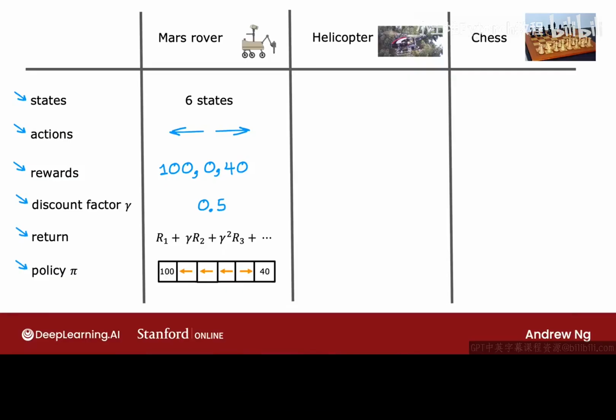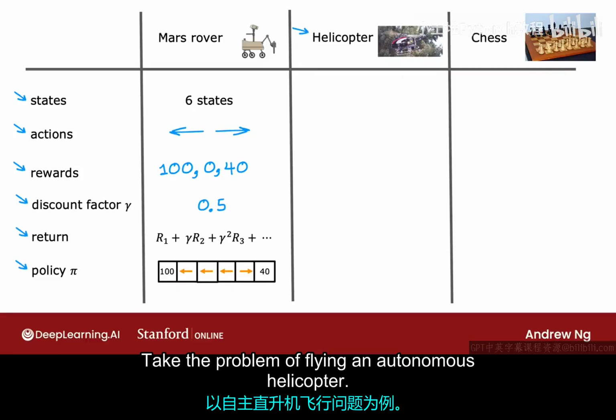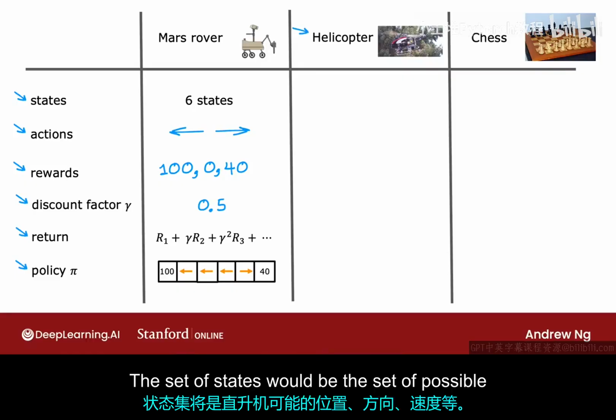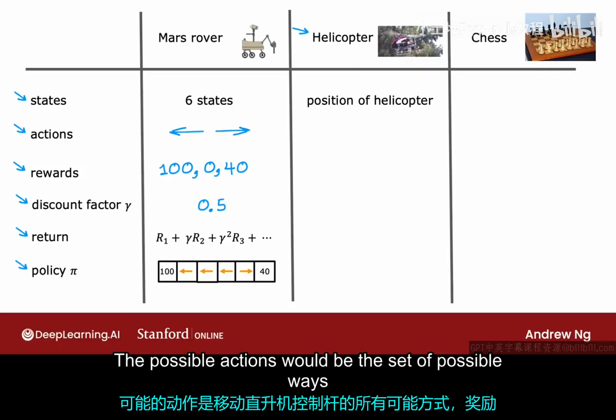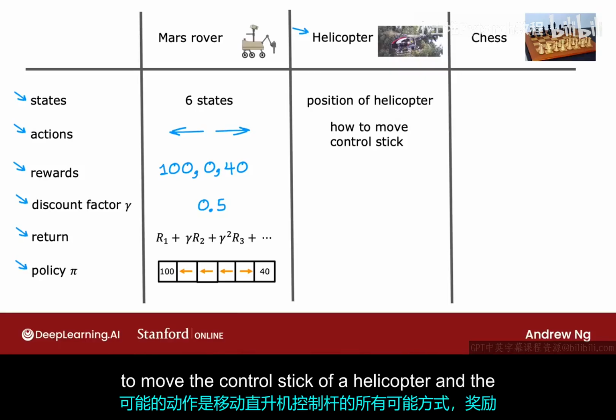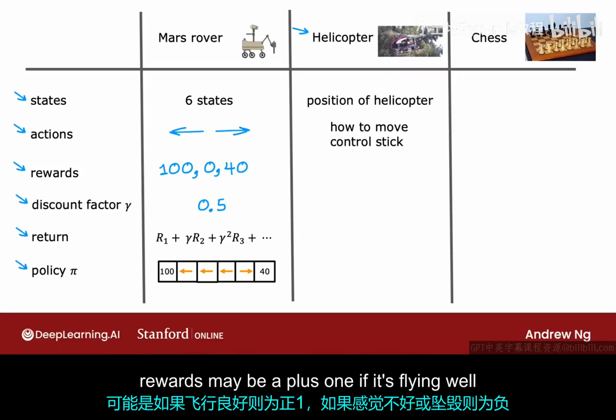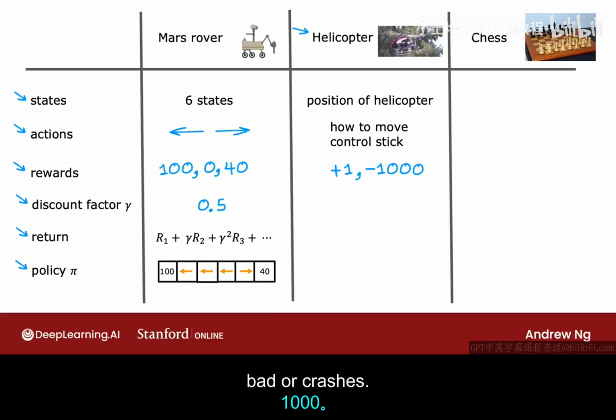This same formalism of states, actions, rewards, and so on can be used for many other applications as well. Take the problem of flying an autonomous helicopter. The set of states would be the set of possible positions and orientations and speeds and so on of the helicopter. The possible actions would be the set of possible ways to move the control stick of a helicopter. And the rewards may be a +1 if it's flying well, and a -1,000 if it does something really bad or crashes.